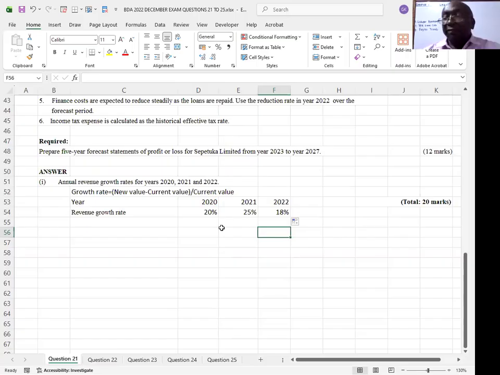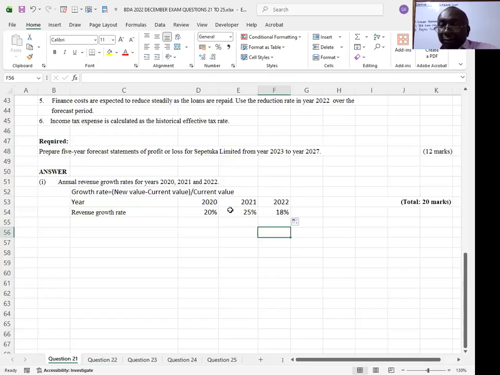Now in this definition, 2020 is the new value. The current is 2019. Okay.